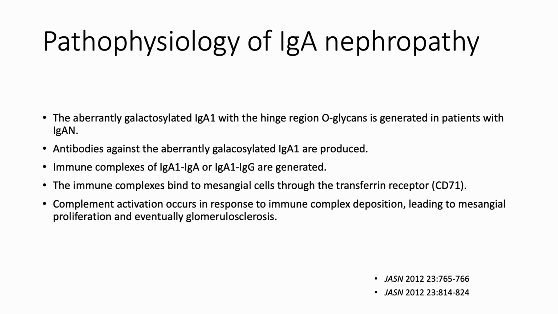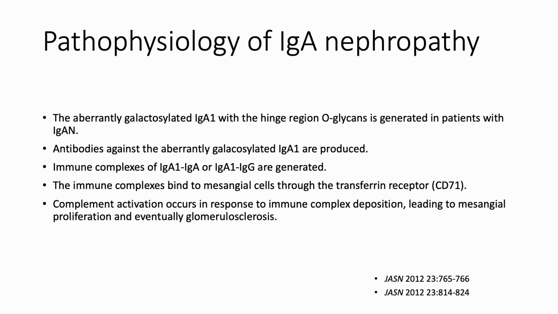Now, because of this abnormality, the body is going to elicit an immune response. You're going to have antibodies towards the body's own IgA. Now, when you have an antigen and an antibody, you're going to have immune complexes. So you have IgA1 IgA or IgA1 IgG immune complexes.